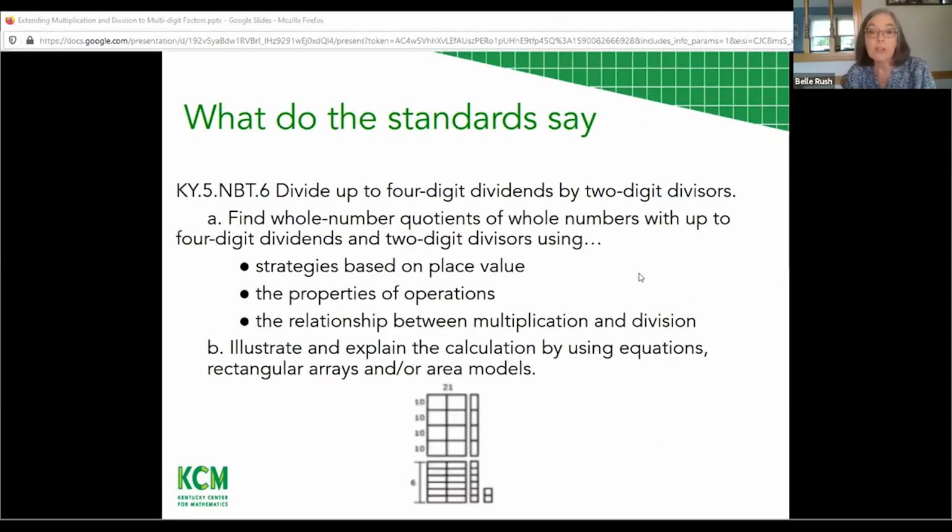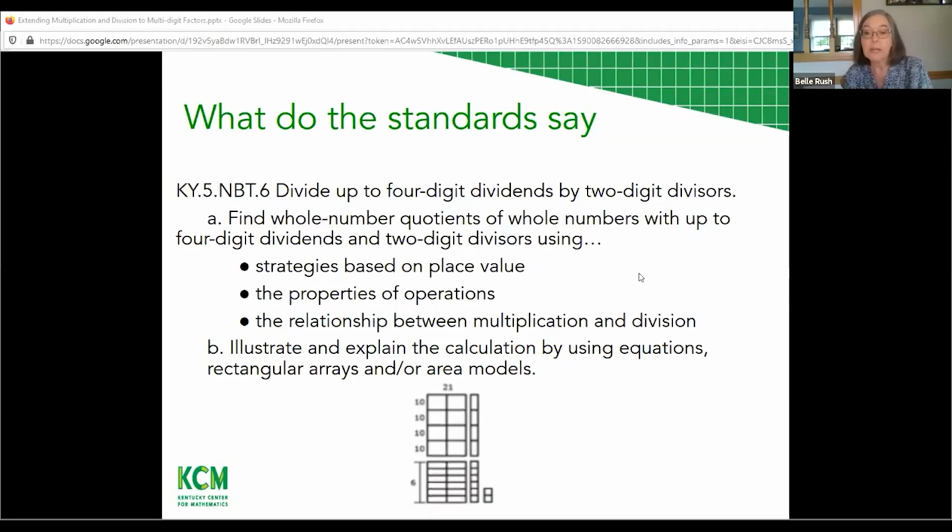All right, also in 5th grade, we want kids to divide 4-digit dividends by 2-digit divisors using whole number quotients. Again, we want them using strategies that are based on place value, properties of operations, and seeing that relationship between multiplication and division.